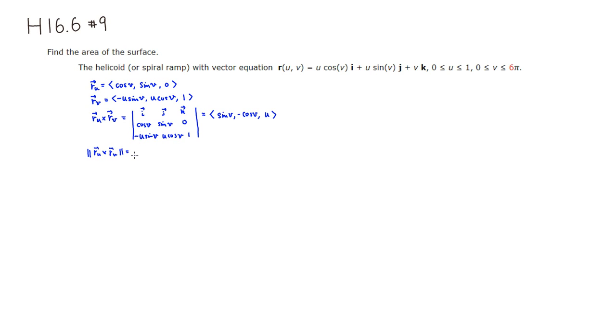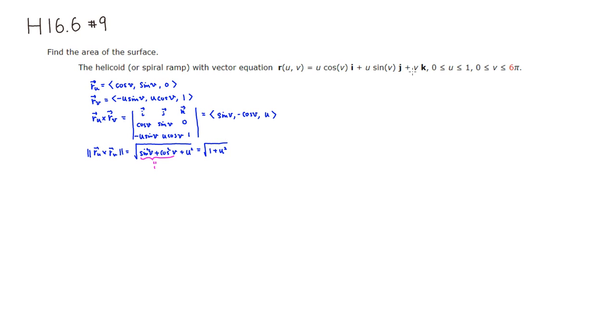It's the square root of sine squared of v plus cosine squared of v plus u squared. But sine squared plus cosine squared is just 1. So we have the square root of 1 plus u squared.